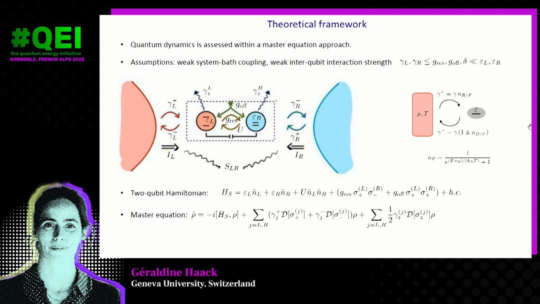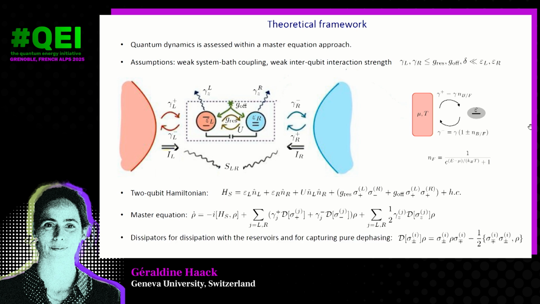And here we also account for the possibility for the qubit to have some finite coherence time affected by pure dephasing channels. Okay, so these are these small errors. And this is just to define these quantities.